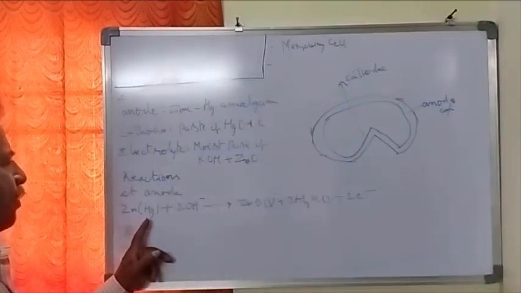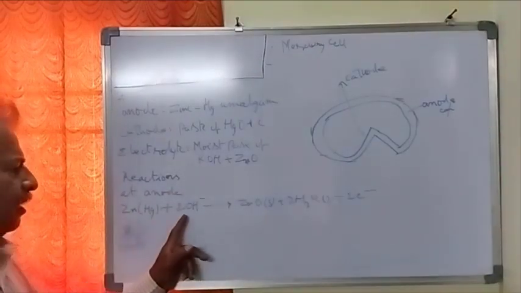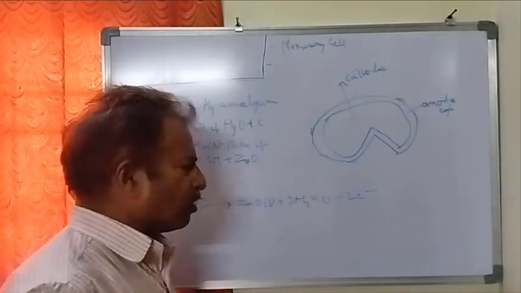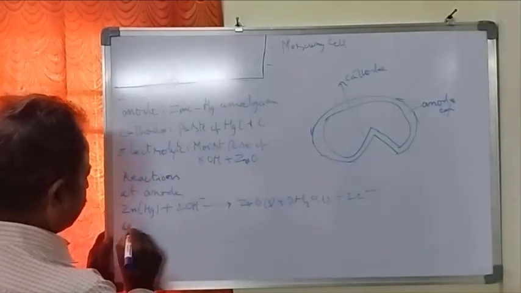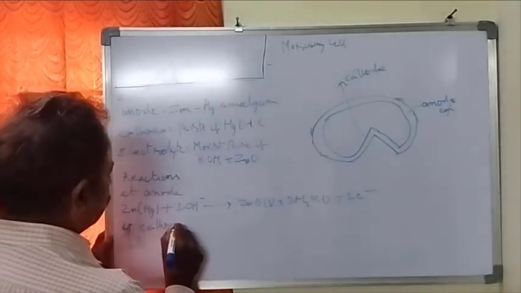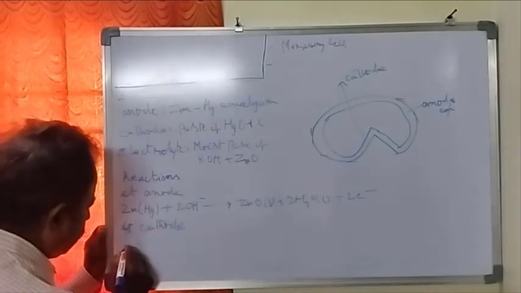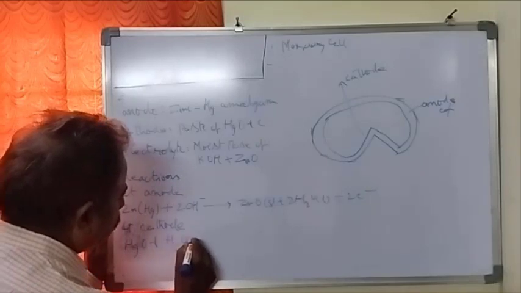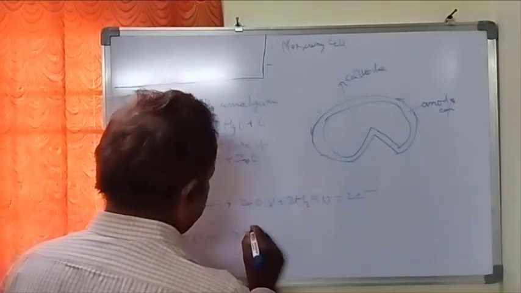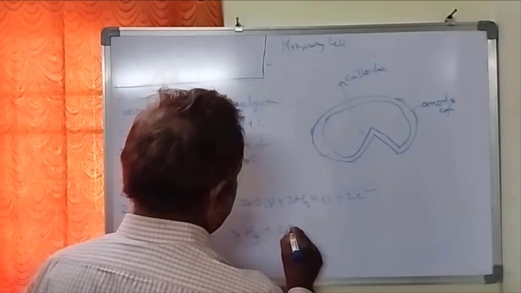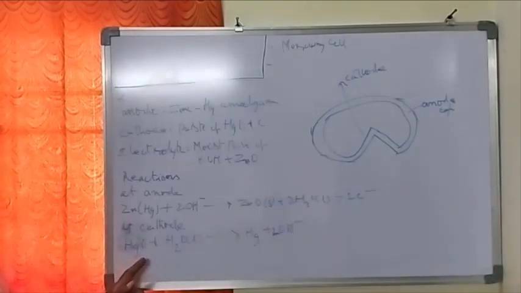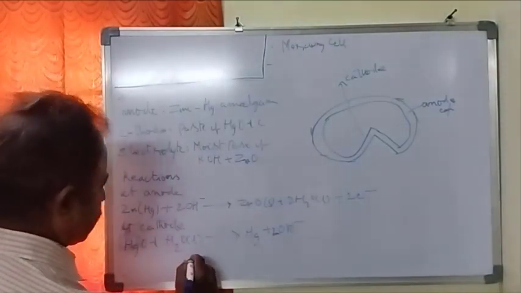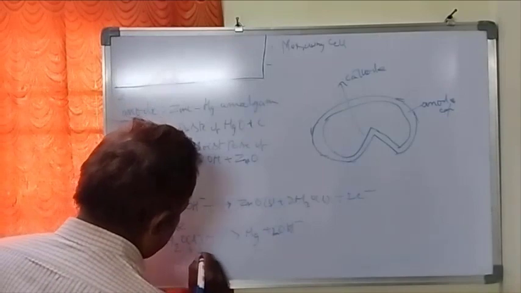Now let us see the reactions. Reaction at anode. Zinc combines with OH- to form zinc oxide and water, and of course 2 electrons are released. Now reaction at cathode. HgO combines with water to form Hg and 2OH-, and of course 2 electrons are taken here.